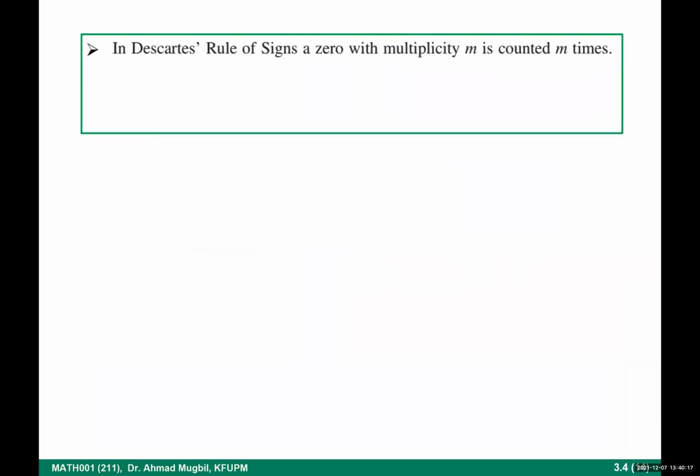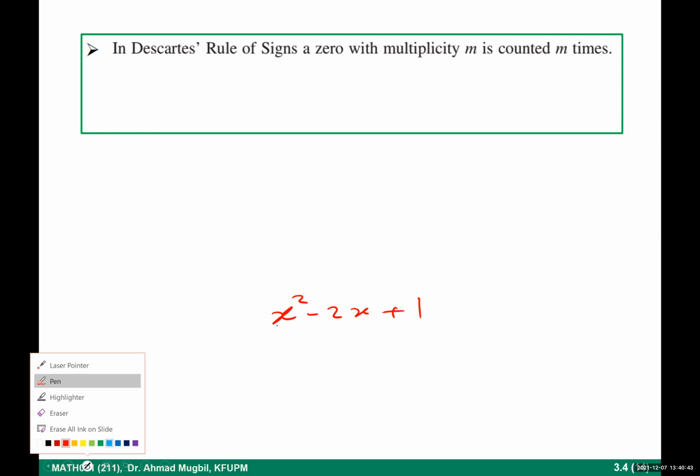Let me give you this interesting case. x squared minus 2x plus 1. How many variations here? We have 2. But this one, in fact, is just x minus 1 all squared. How many zeros? So it has positive zeros, 2 or what? Let me do it here with another color to be more clear. We have here positive, negative.